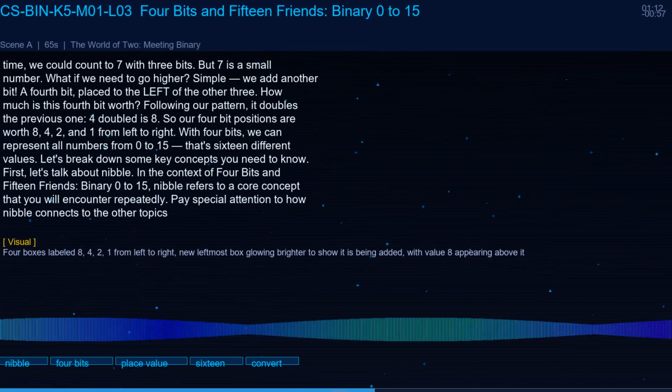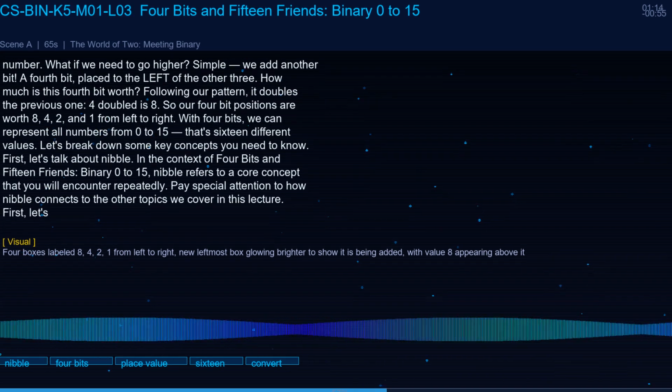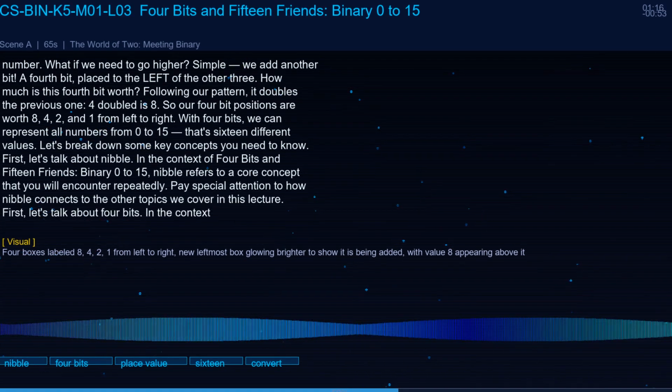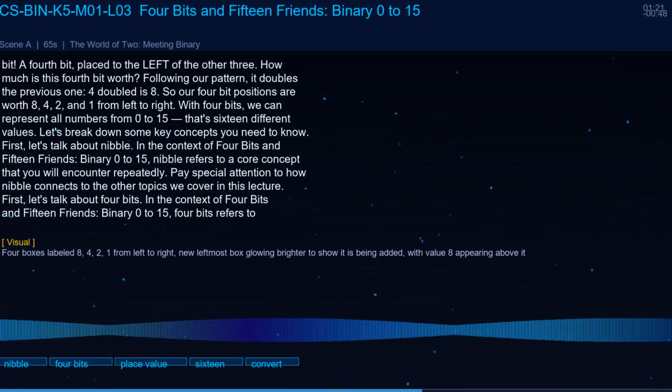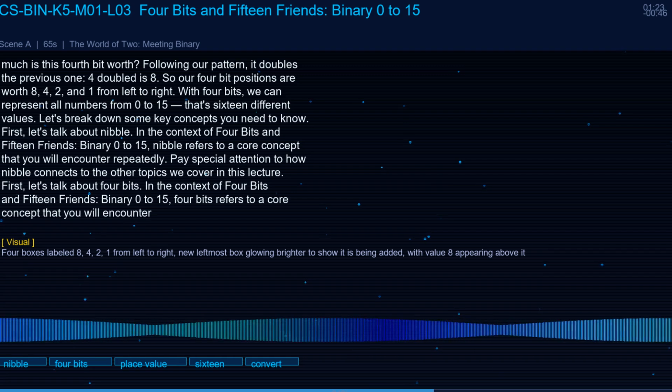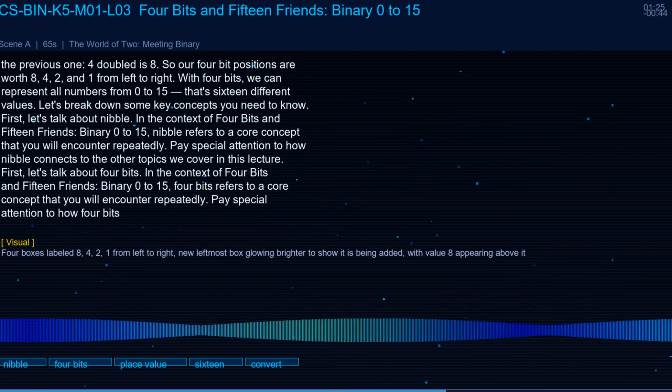Let's break down some key concepts you need to know. First, nibble. In the context of 4 bits and 15 friends, nibble refers to a core concept that you will encounter repeatedly.